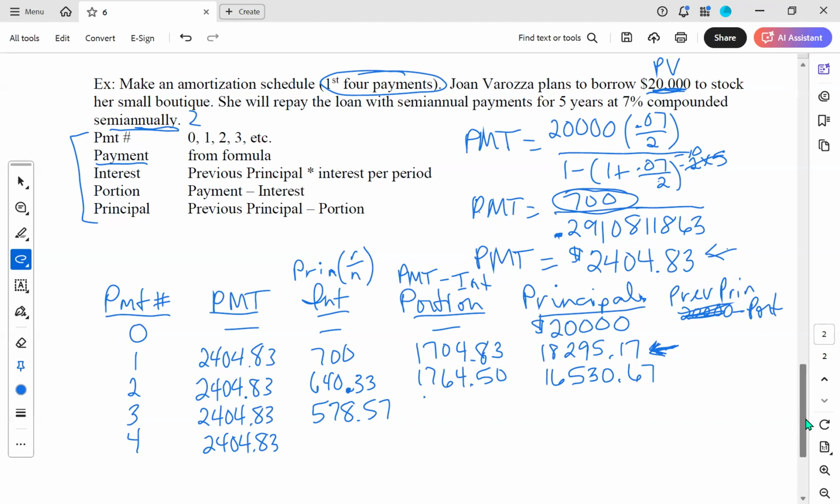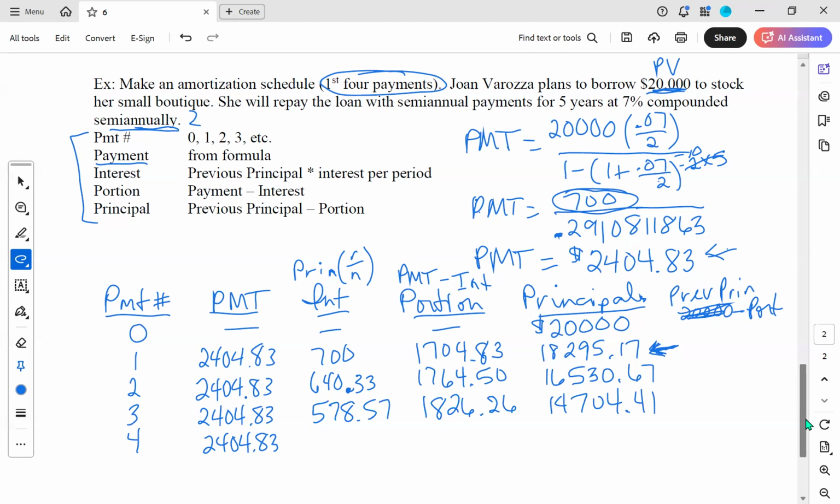So that's going to give us $1,826.26. And then to do my new principal, I take my portion off of my principal. So I have 16,530.67 minus our portion. And so that gives us 14,704.41. And then just keep this process up as many times as you want to.